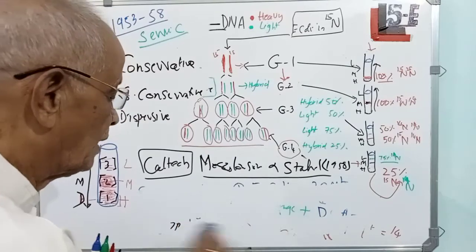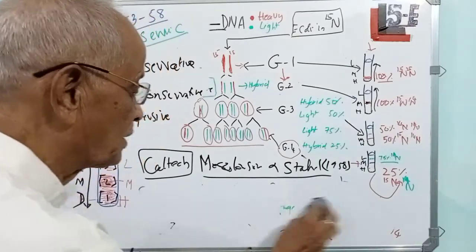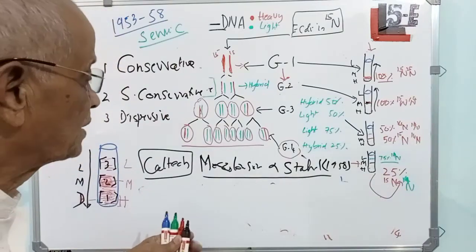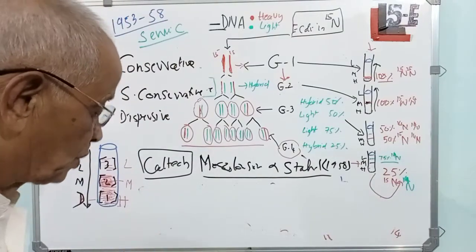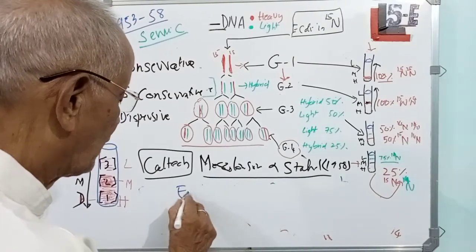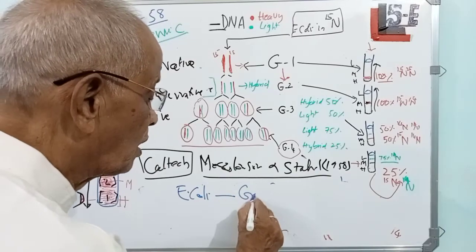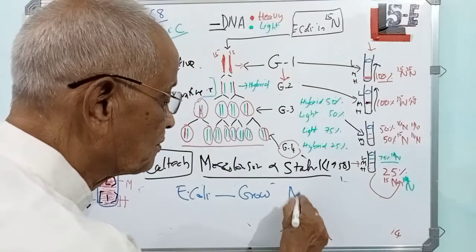In a very simple way. Though the experiments took years and years, we will study that in only 3 to 4 minutes. What they did was they took the regular E. coli, and this E. coli was made to grow in N15.